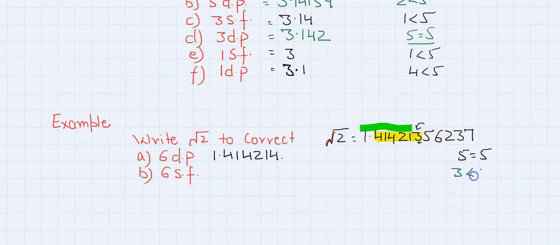So 3 is less than 5, so this number is not going to change. So the answer will be 1.41421. This is the answer of root 2 correct to 6 significant figures.